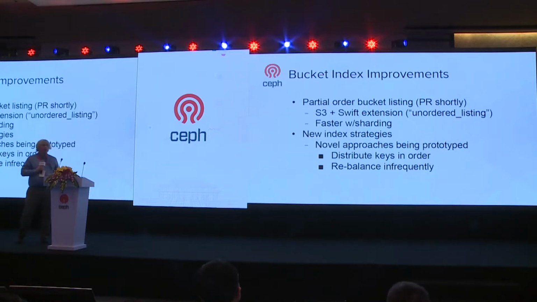And by relaxing that slightly, through an API extension, we have the ability to reduce the workload cost of custom workloads that applications are actually generating, if they're able to use a slightly extended version of the API, but also in our internal processes like the object lifecycle processing, which has to enumerate all the contents of a particular bucket and doesn't care about the order, only about a decision criteria to expire or transform it.